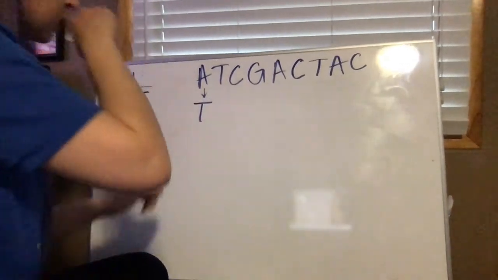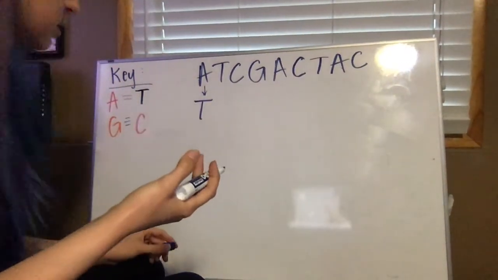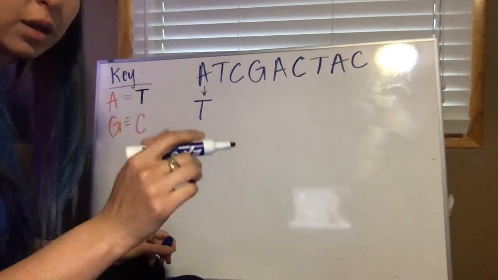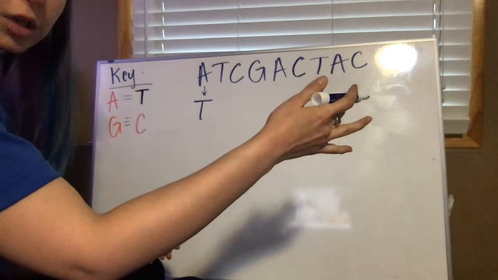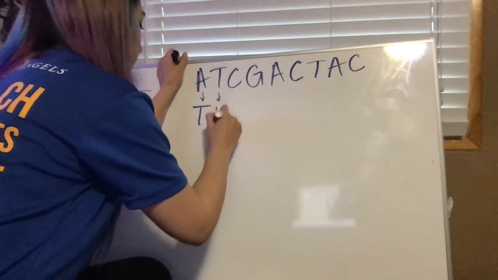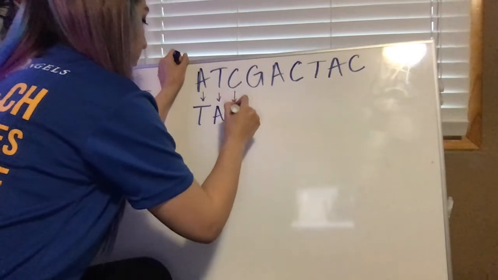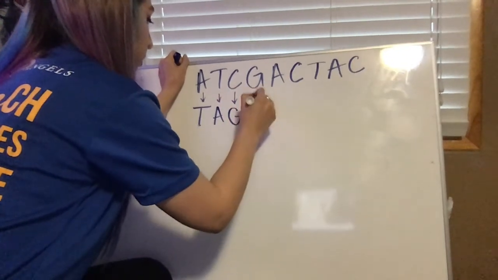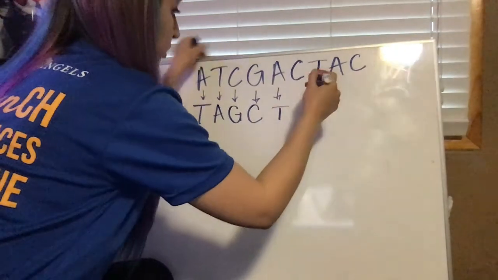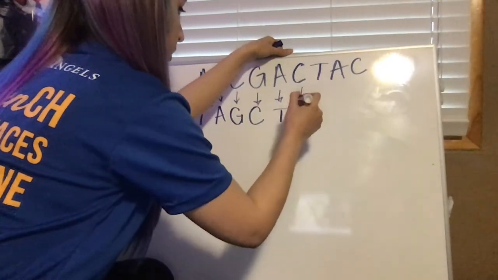You can do this on a piece of paper. I like doing this on a scratch sheet of paper so that you can make mistakes with a pencil. And then you just do the whole strand with its pairs. So we know that T goes with A, C goes with G, G goes with C, and so on.